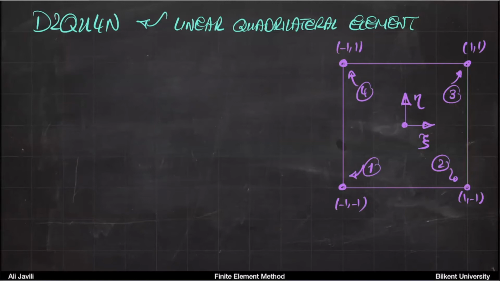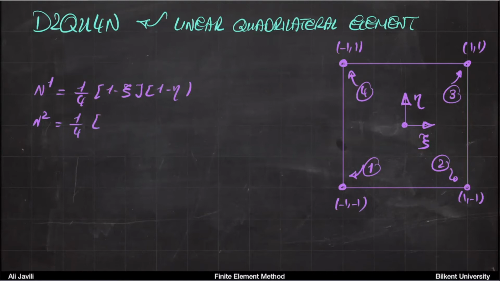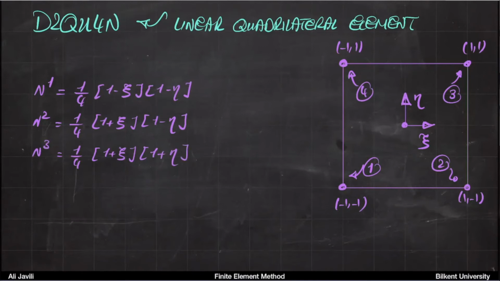And according to what we had just learned together in the previous example, the first function N1 would be 1/4 (1 minus Xi) times (1 minus eta), and N2 would be 1/4 (1 plus Xi)(1 minus eta), and N3 is 1/4 (1 plus Xi)(1 plus eta), and N4 is 1/4 (1 minus Xi)(1 plus eta).